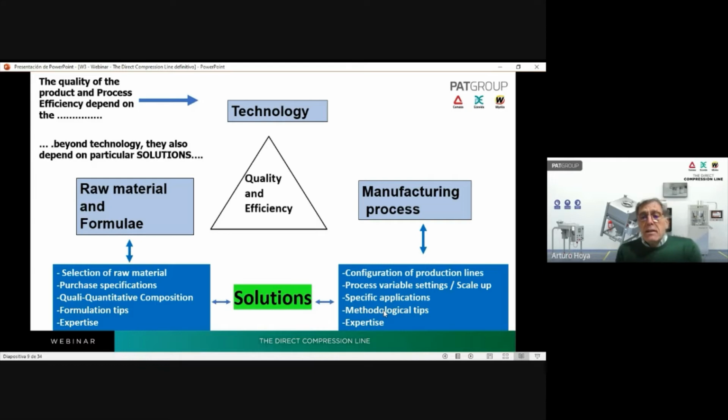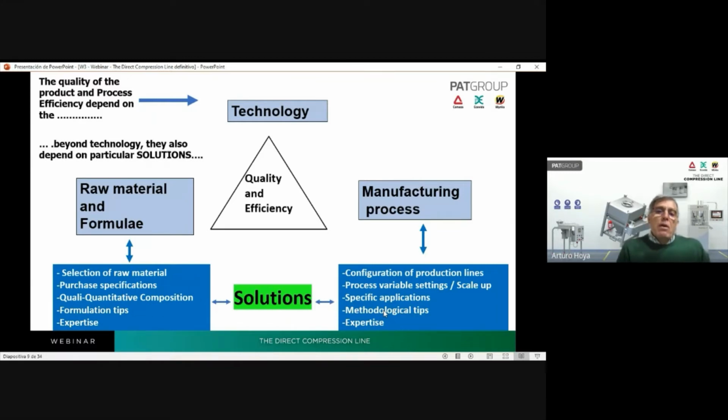On the other hand, the manufacturing process needs a good configuration of the production lines, to define the setting of process variables, the problem of scale up, of course, specific applications, or methodological tips that enhance the expertise.